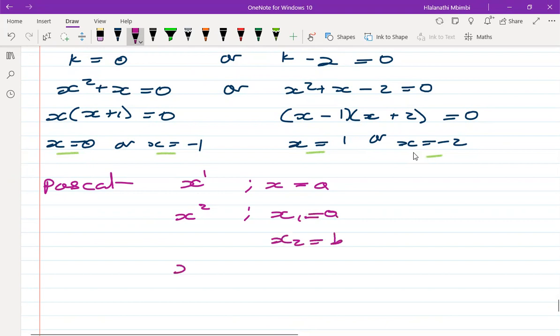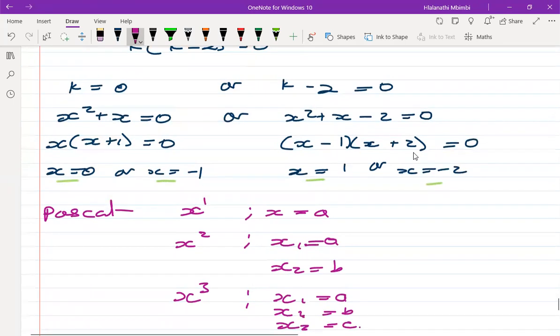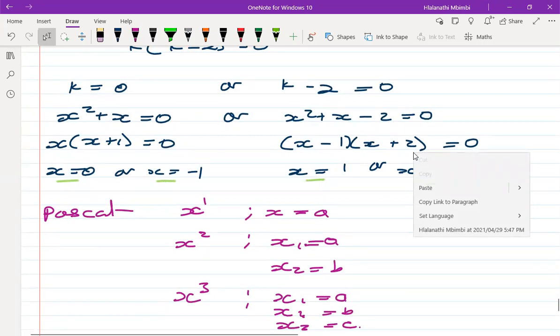And if you have 3, you have to have 3 solutions of x. Which is pretty much what we're seeing here, where we had 4. So this is a simplified version of solving equations of x to the power 4.